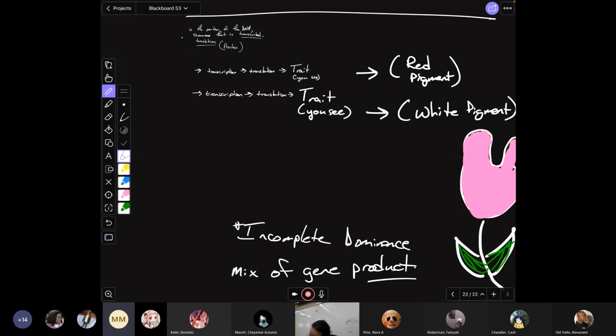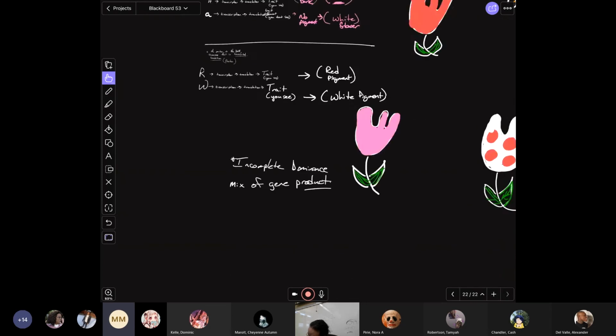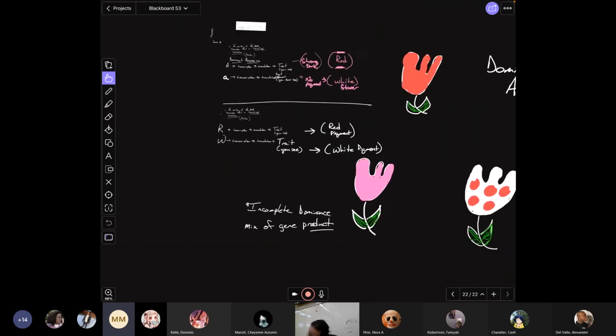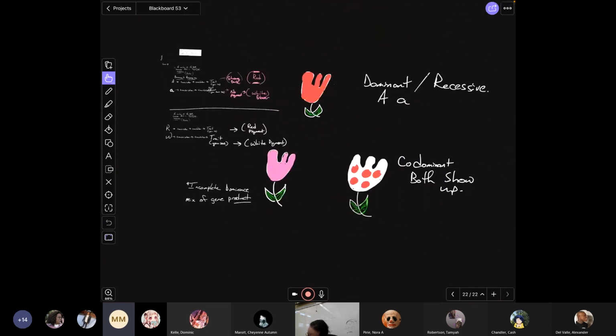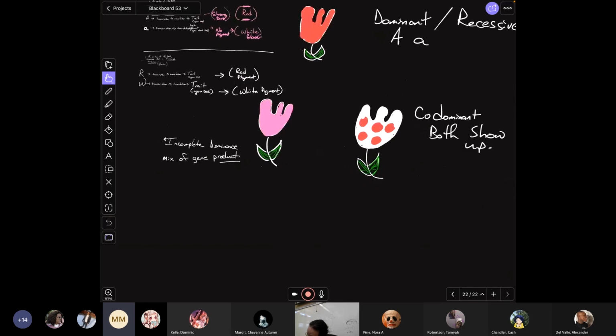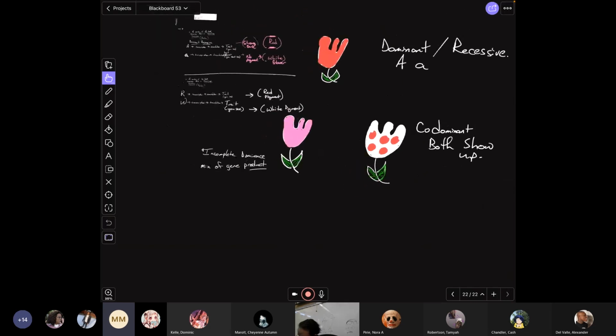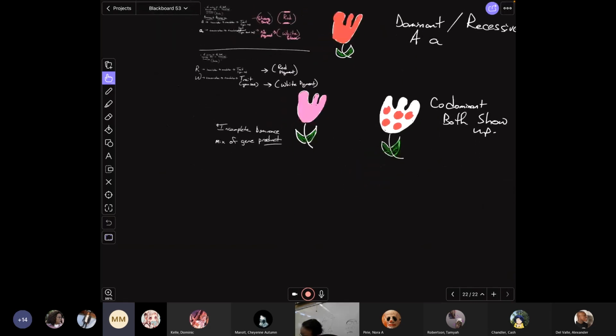What we're going to use is big R and big W. Notice there's no little r, right? And up at the top, you have big A, little a. Big A is red, little a is white, right? Where incomplete dominance and codominance, you're going to use two different symbols because they're both showing up.